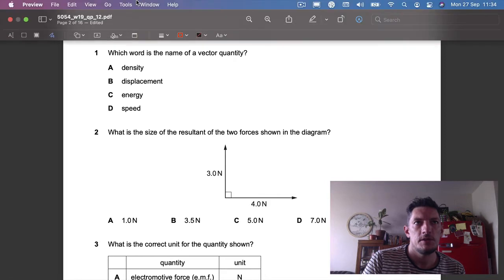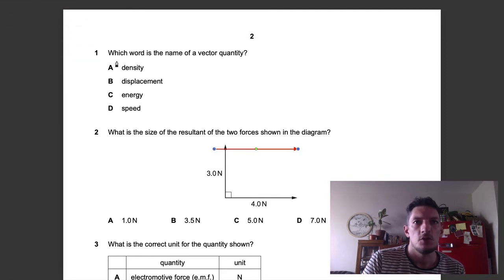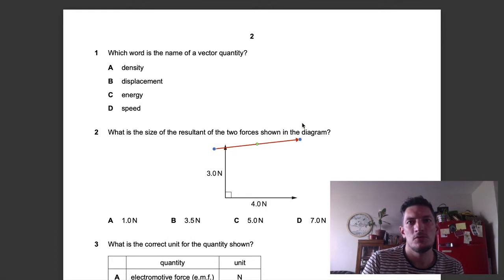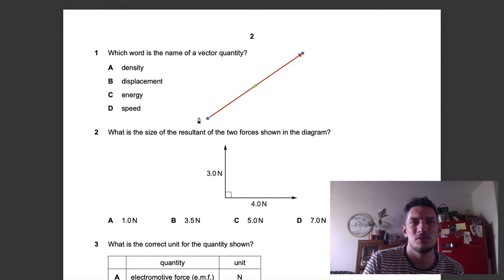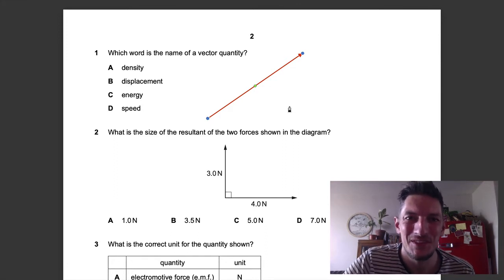Displacement is essentially a vector which points from a starting point to an ending point. So basically, if I move an object from one point to another, that would be its displacement vector. So indeed, the answer is B, displacement.